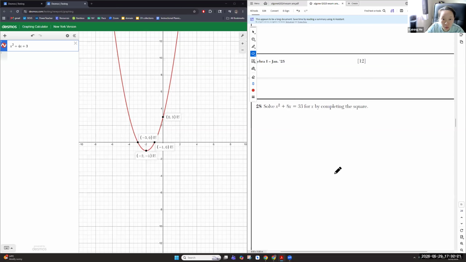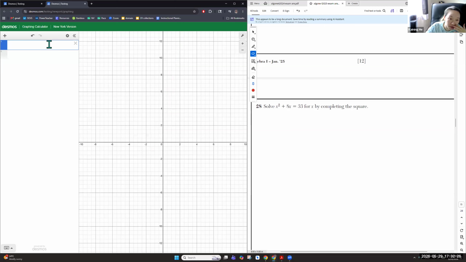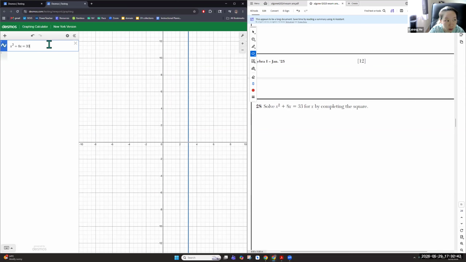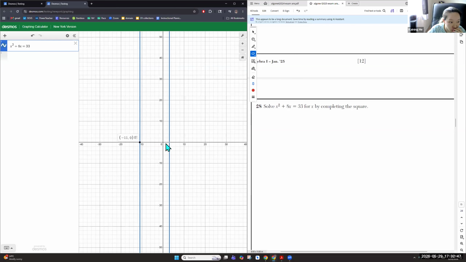Okay, next one, solve by completing the square. This is something that we're going to spend a day on talking about right after we learn the quadratic equation. But before that, once again, we can actually do this using a decimals graphing calculator. So x squared plus 8x equals 33. With zooming out, we can see the two solutions here.